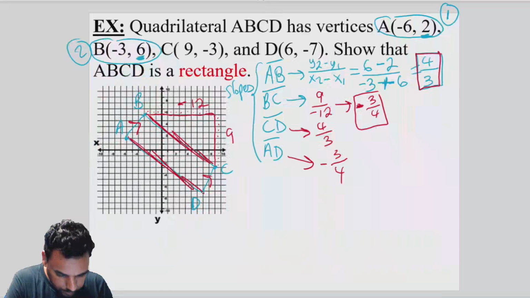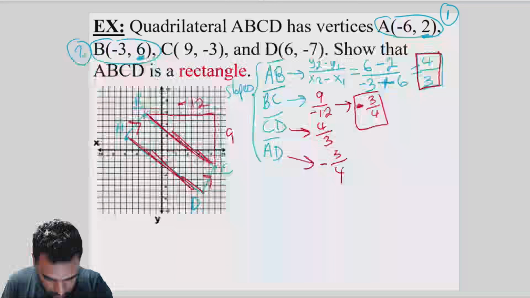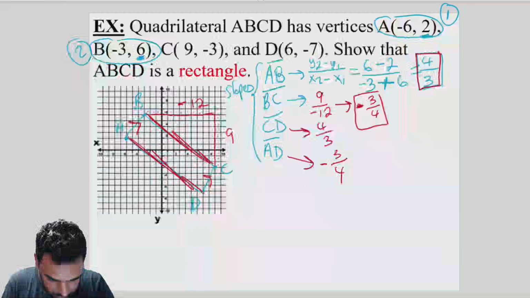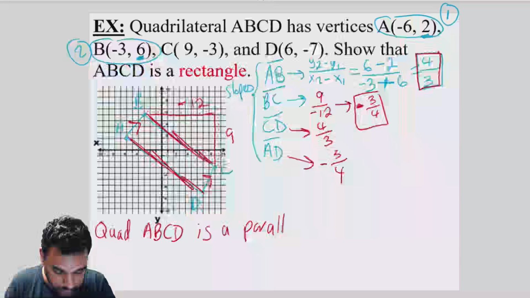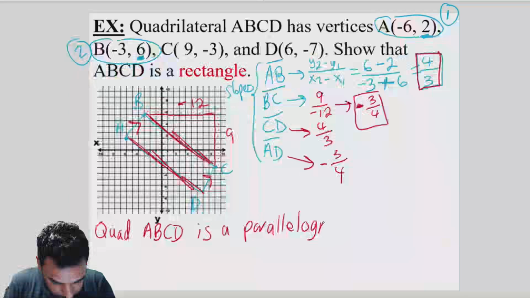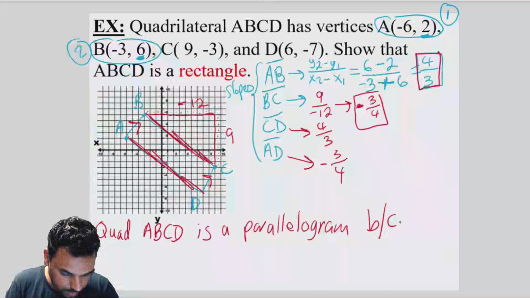Okay. Let's just finish this up by writing our statement. So, quadrilateral ABCD is a parallelogram. Remember what I said, you have to prove it's a parallelogram first. Why? Gotta give a reason.